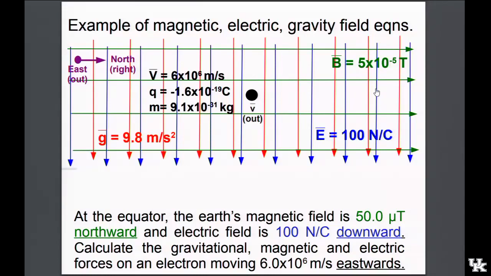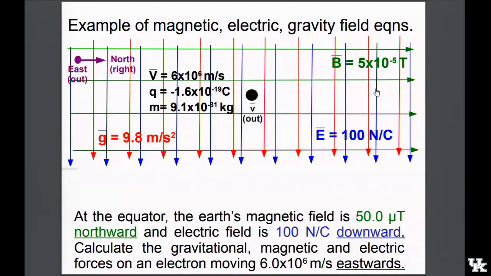I tried to sketch that above the text. Let me explain this. I've imagined north is to the right. So I'm standing at the equator, and north is over there, and east is pointing out of the screen here.